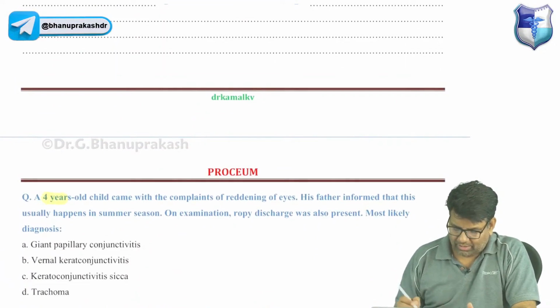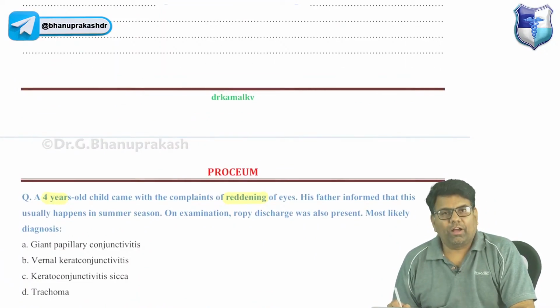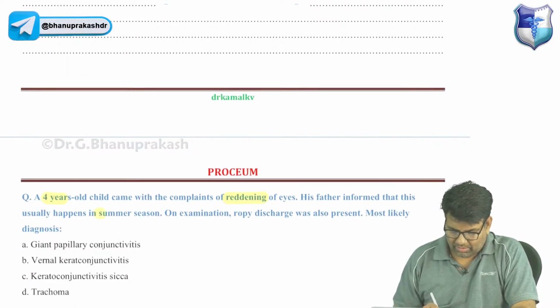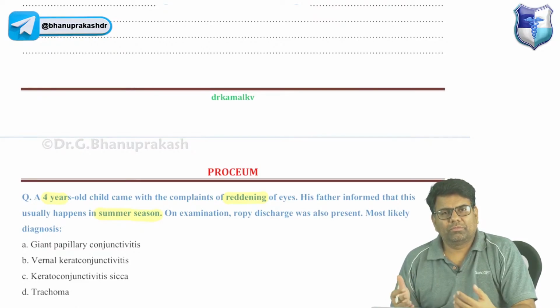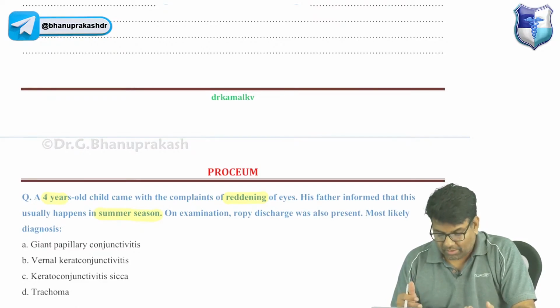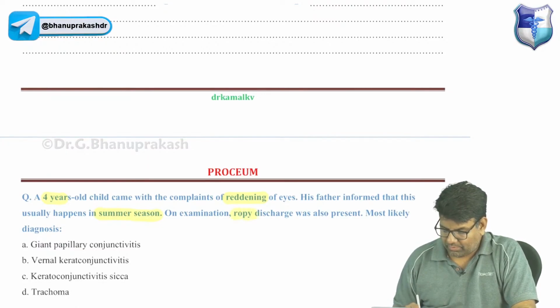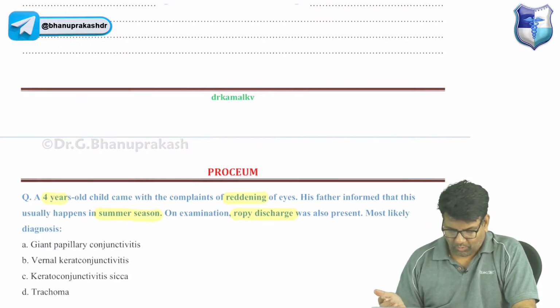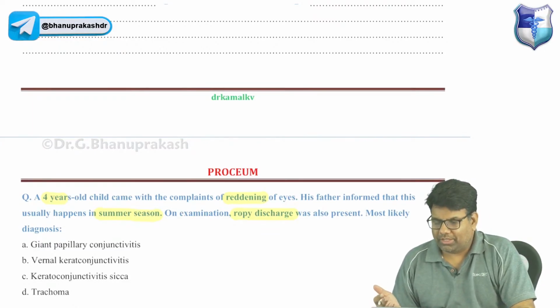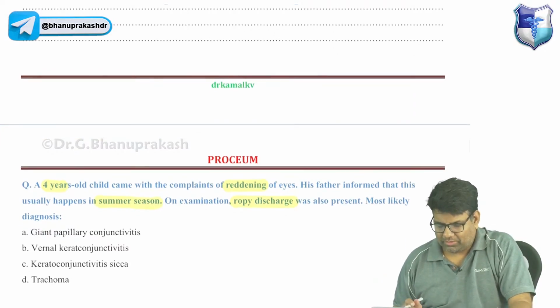A 4-year child with complaints of reddening of eyes, and parents say that this condition recurs mostly in the summers, and on examination there was stringy ropey discharge. Now what could be the diagnosis here? I think this is a very basic question.